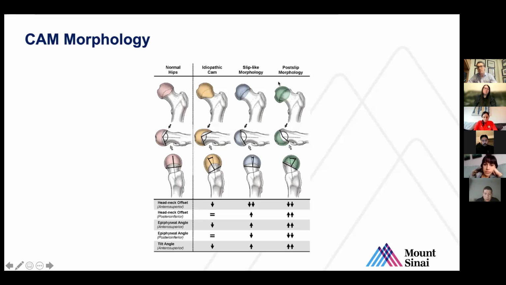A slip-like morphology or a post-slip morphology. This is SCFE, slipped capital femoral epiphysis, that happens in skeletally immature patients where the epiphysis actually slips in relation to the femoral neck. And then these patients, if they're missed, these post-slip SCFEs will present later in life like cams, but it's not a cam that was formed in the way that I was describing.